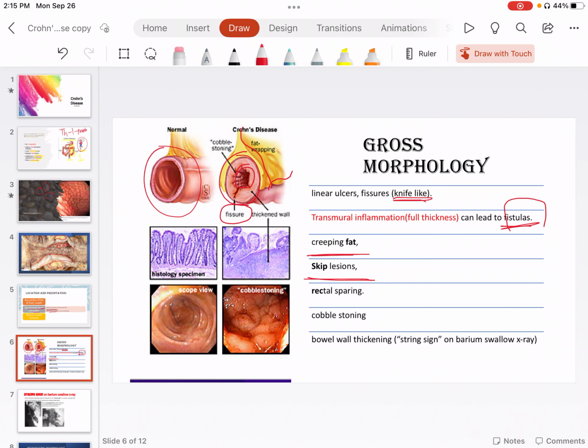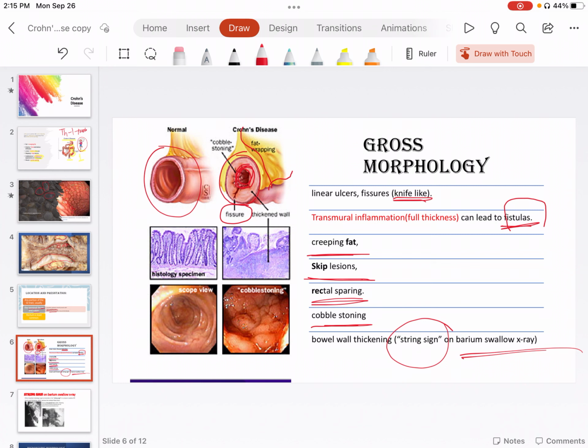As I described before, there are skip lesions in Crohn's disease. There is rectal sparing. There is cobblestoning. Another important feature is the string sign on barium follow-through X-ray. Due to bowel wall thickening, the size of the canal is actually narrowing down.